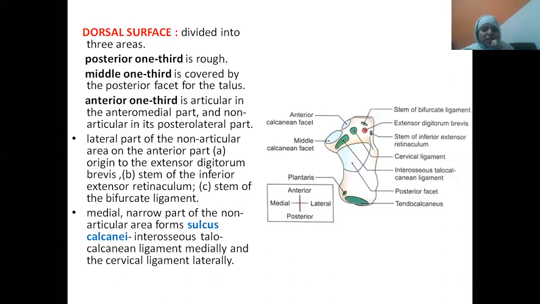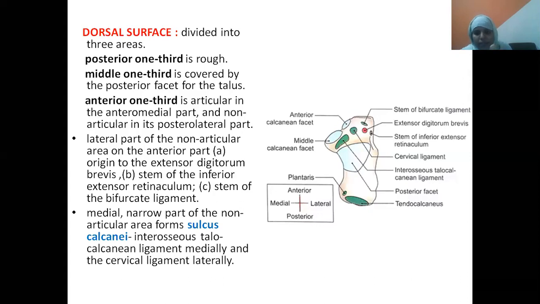When we see the posterior compartment of the leg, all these 3 muscles will join to form one common tendon, which is called the tendocalcaneus or Achilles tendon, which gets inserted on the posterior aspect of the calcaneum bone, lower down. Okay. Above we will have a bursa, which is smooth, and the lower part is receiving the insertion of the tendocalcaneus.